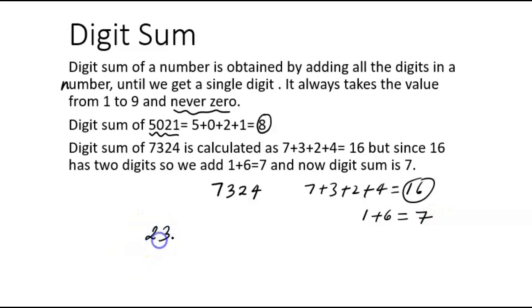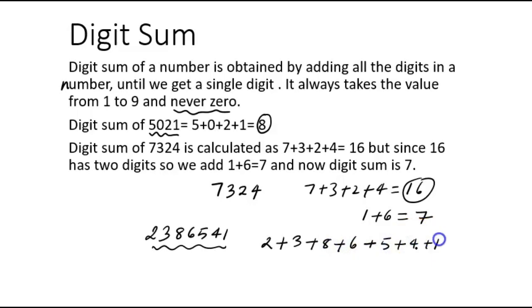Suppose we take some random number. Suppose I take 2, 3, 8, 6, 5, 4, 1. And if I ask you to find its digit sum, what is the first thing you have to do? You have to add 2 plus 3 plus 8 plus 6 plus 5 plus 4 plus 1. So 2 and 3, 5, 8 and 5, 13, 13 and 6, 19, 19 and 5, 24, 24 plus 4, 28 and plus 1, that is 29, right?